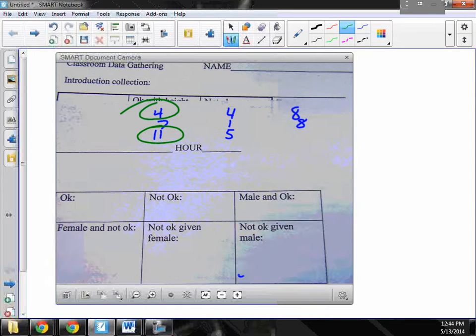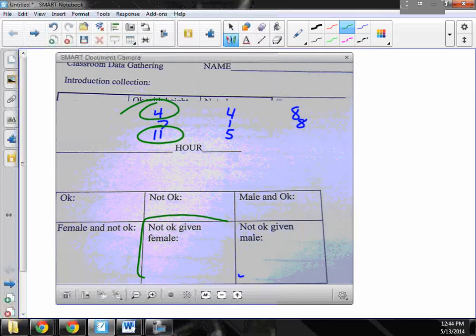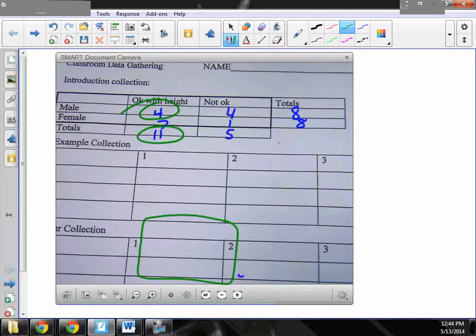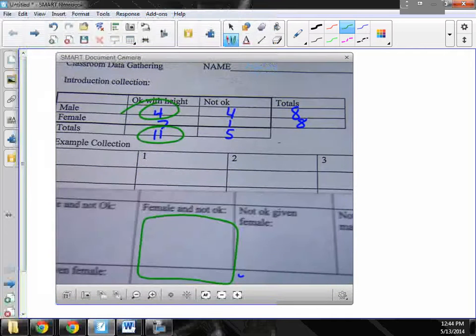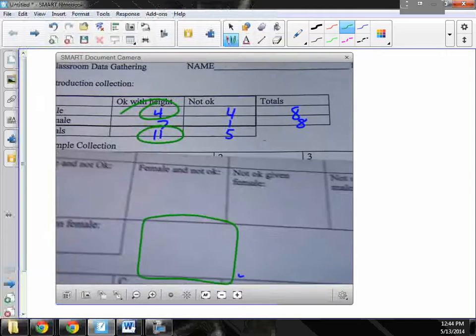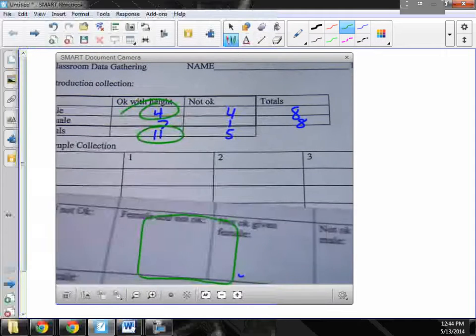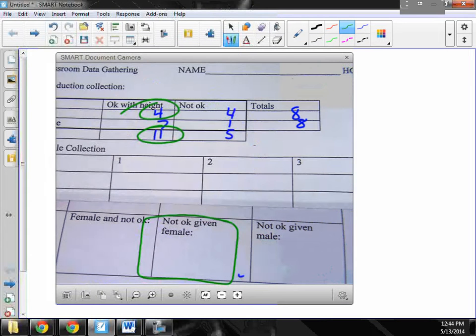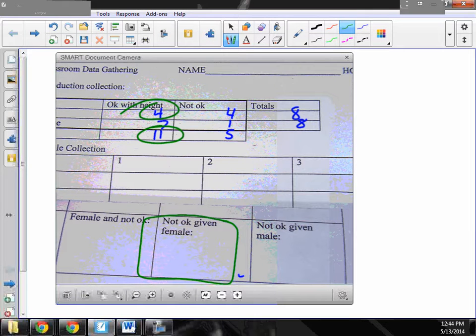I want to skip to this box right here. What is the probability? Sorry, let me fold this over so you can see both. Right there. What is the probability that a person chosen is not okay with their height, given that they are female?